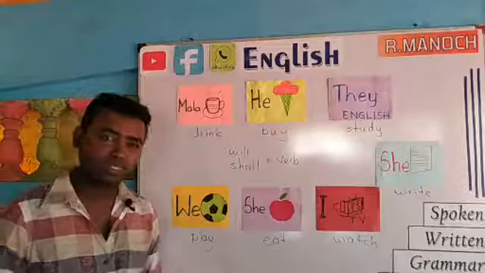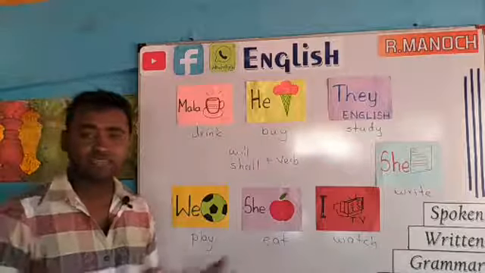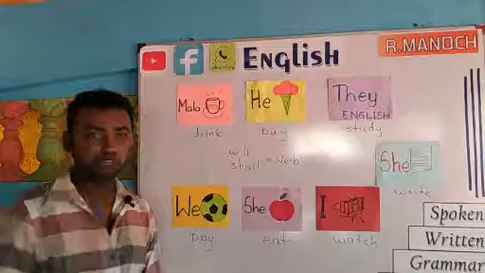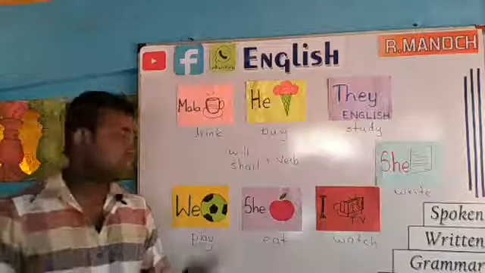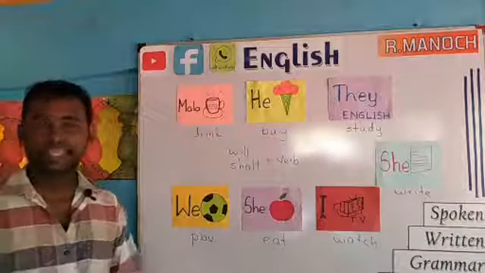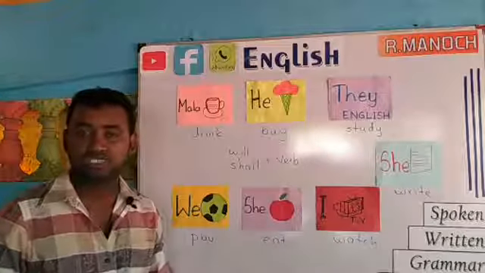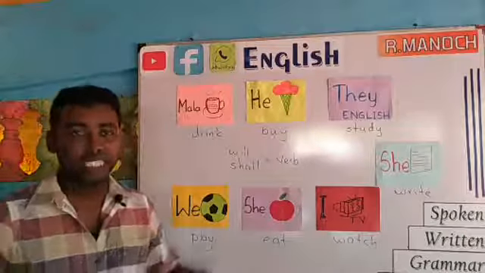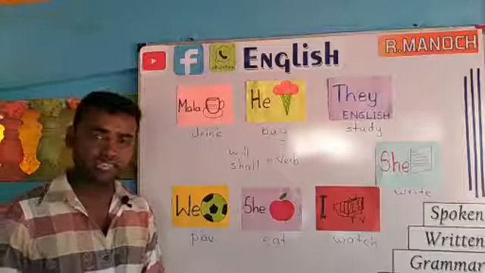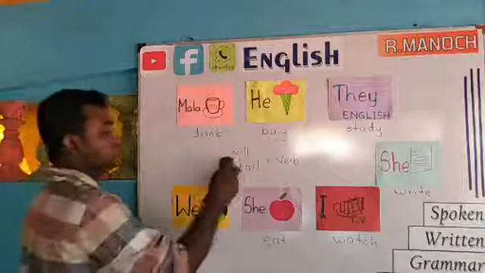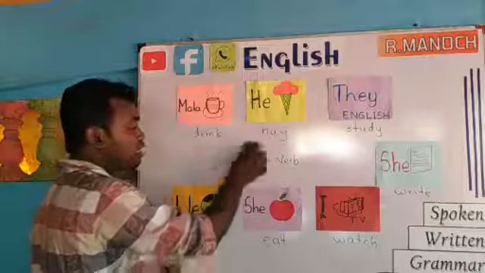But nowadays, whatever the subject is, we use will. But remember, in questions, we use shall for I and we. So we never ask will I. Shall I go out? Shall I tell you a story? Shall we dance? Understand? But in sentences, you can use will for all the sentences.